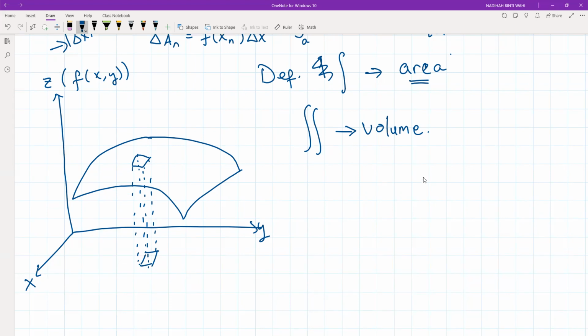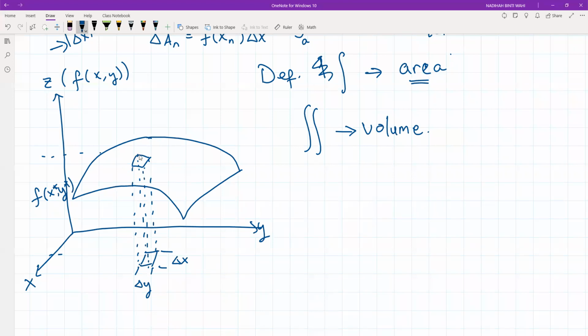If I multiply, let's say this width is dx, delta x, and this is delta y, and then the height is f(x star, y star).